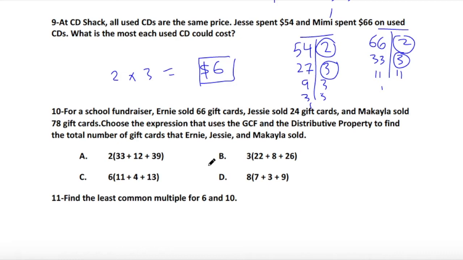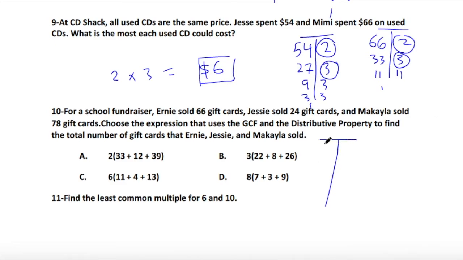So we have, guys, here to determine the GCF between 66 and 24 and 78. Let us factorize each of them.